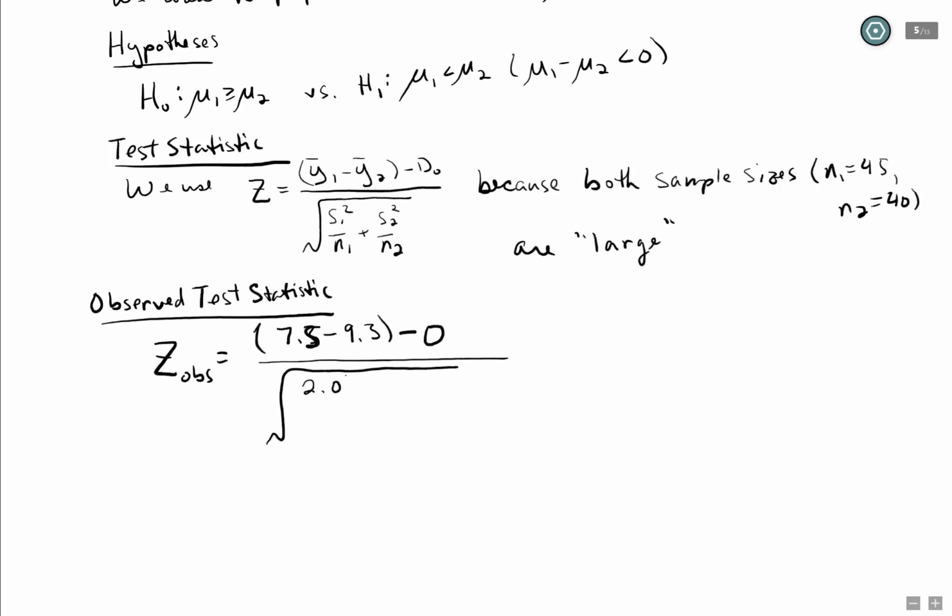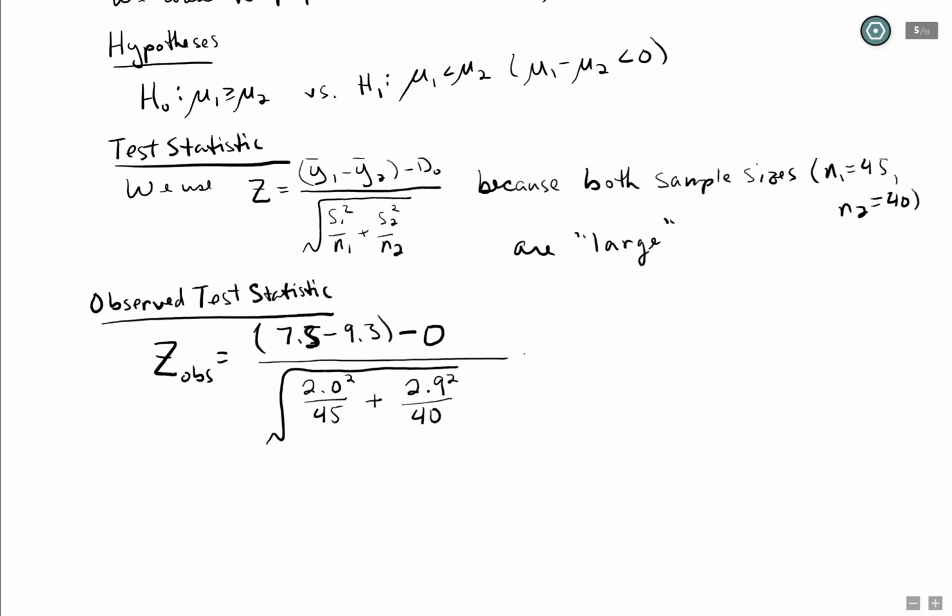Here I've got 2.0 squared, that's s1 squared, over 45, my sample size for sample 1, and then 2.9 squared over 40 there in the denominator.